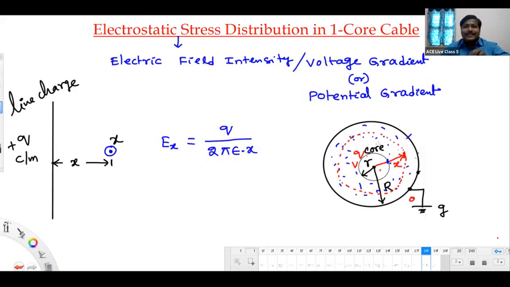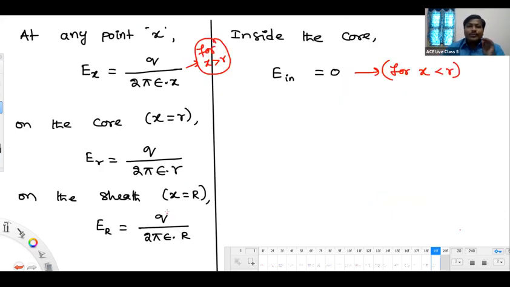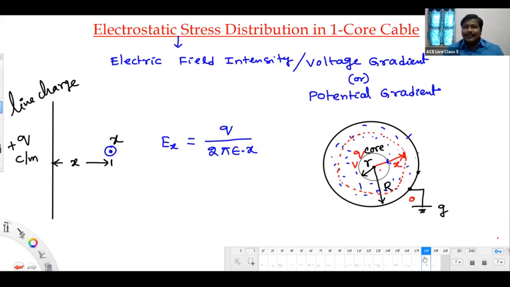Whereas on the sheath surface, we keep X equals capital R, so you get Q by 2 pi epsilon into capital R. Are you fulfilling the heading requirement? What's the heading we have given? Nobody is responding.